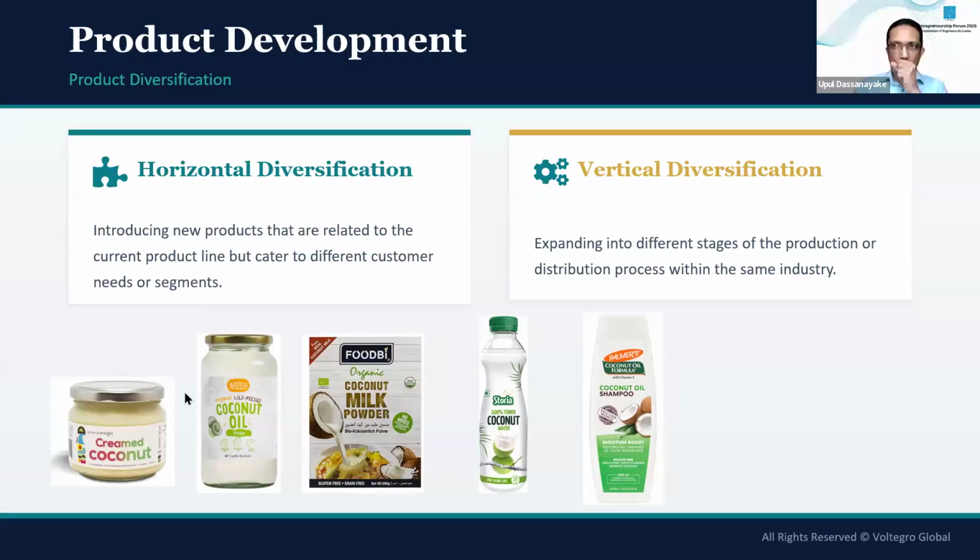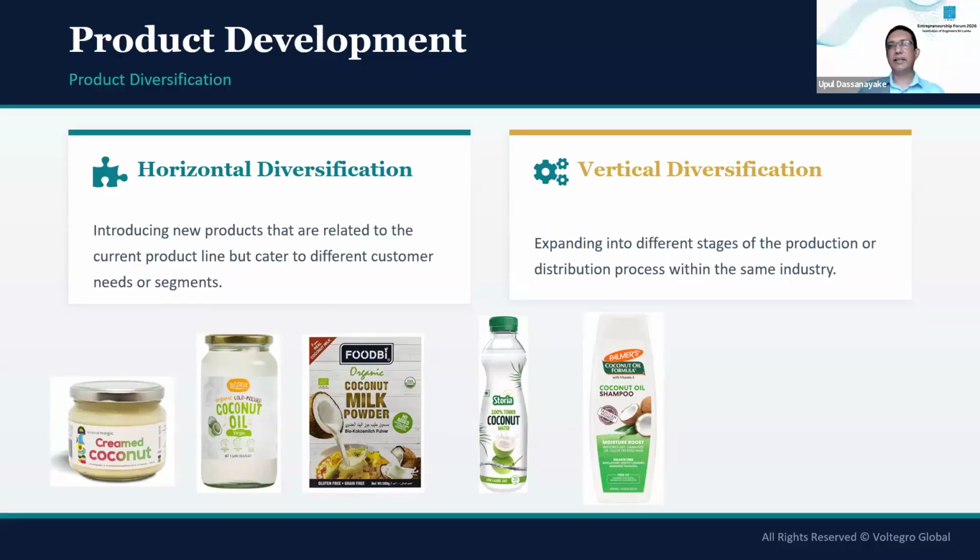Horizontal diversification is like, if you take these five products, the base product is the same, coconut. But using coconut, you create different other products: coconut cream, coconut oil, coconut milk, coconut water, and shampoo. That is called horizontal diversification.